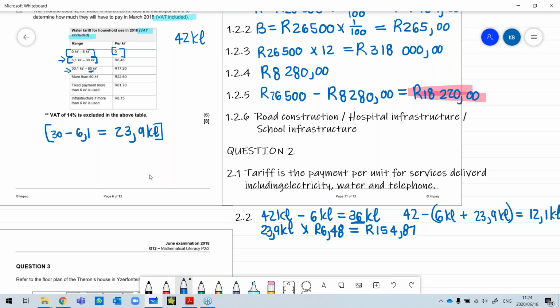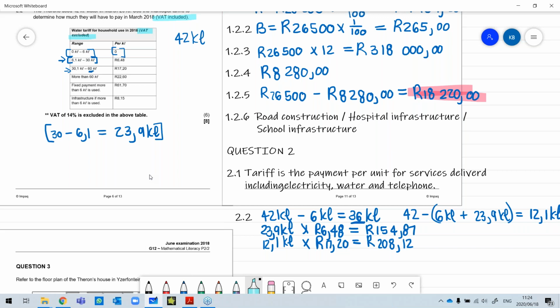So we have an outstanding 12,1 kiloliters to pay for, and the new tariff is 17 Rand and 20 cents. If we type that into our calculator, we get an answer of 208 Rand and 12 cents. Okay, so now we have officially completed our calculation towards the water that they have used.